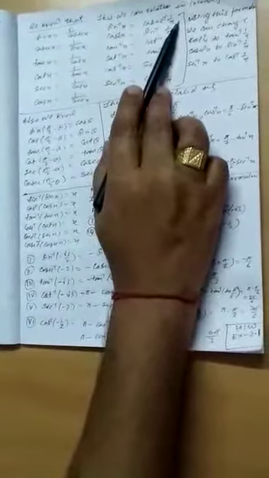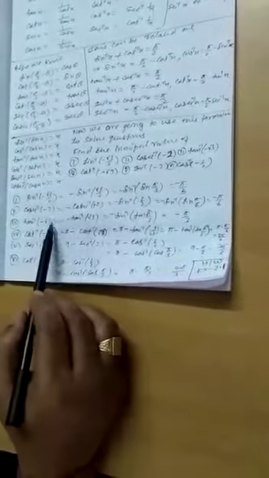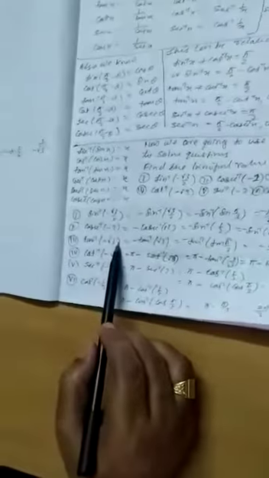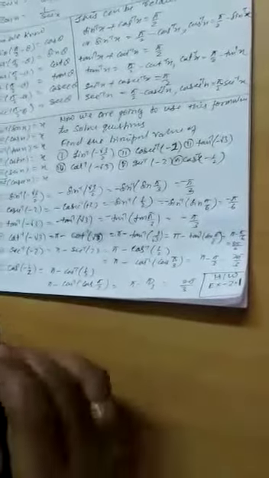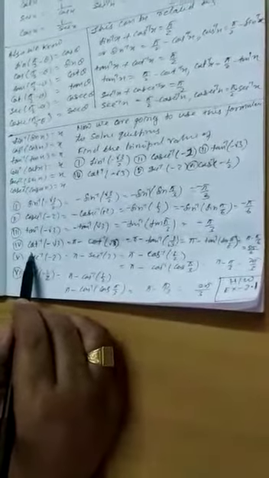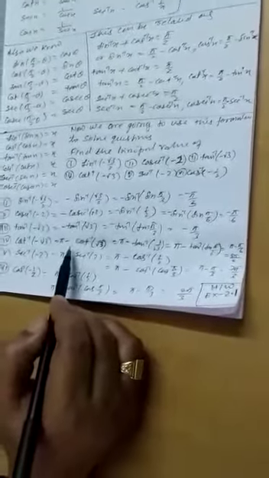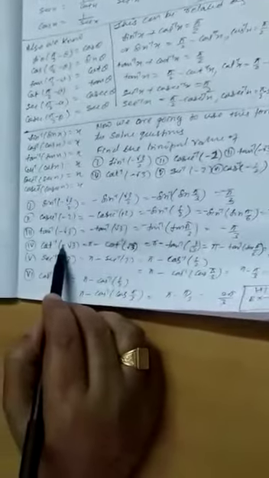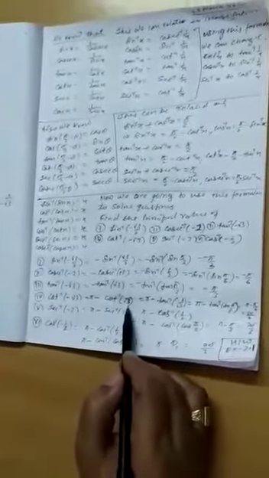Is it clear? Similarly, tan inverse minus root 3, you can take out minus outside, no problem. Then root 3, the value of 60 degree, we can just put the value. Cot inverse minus root 3, the range is 0 to pi, so this negative we make positive: pi minus cot inverse root 3.